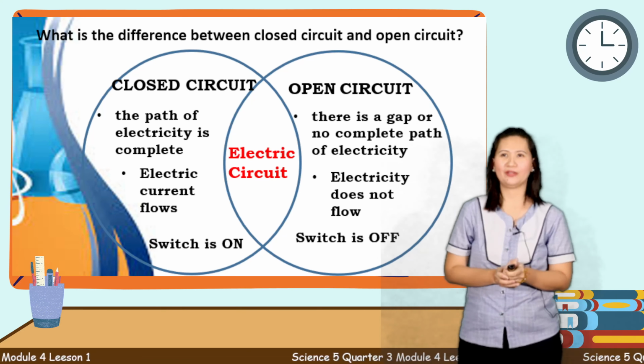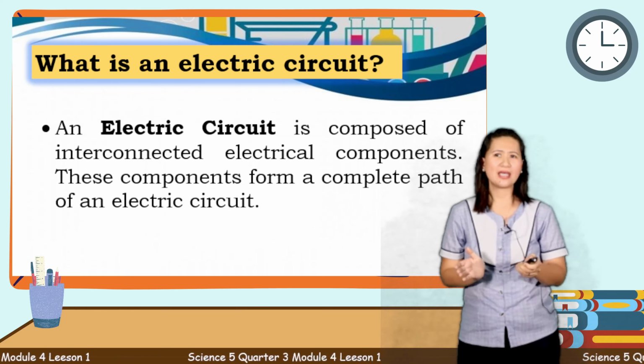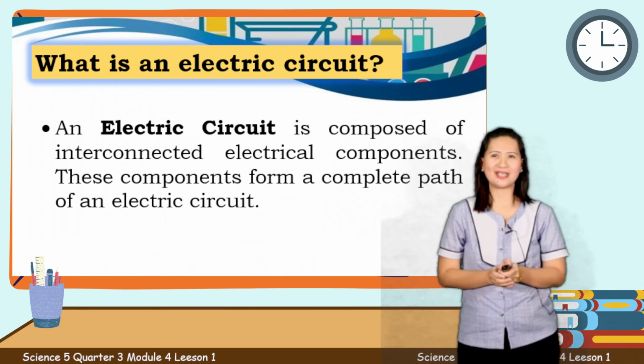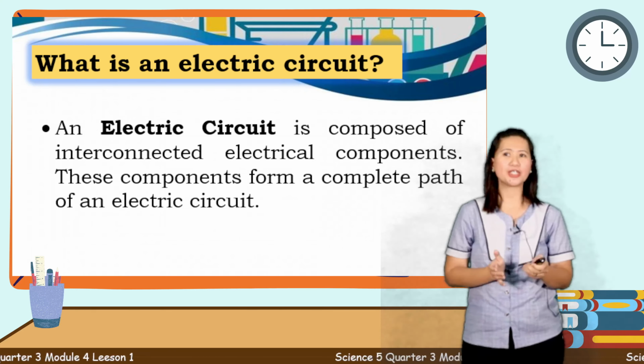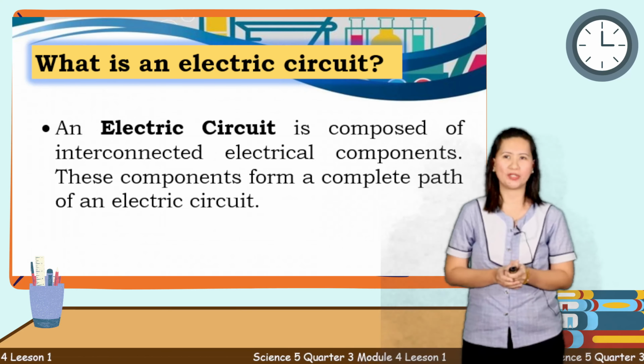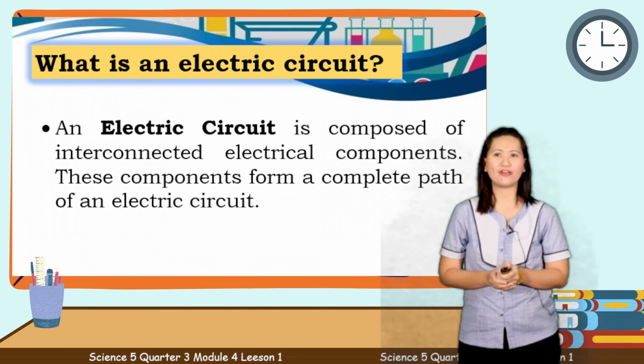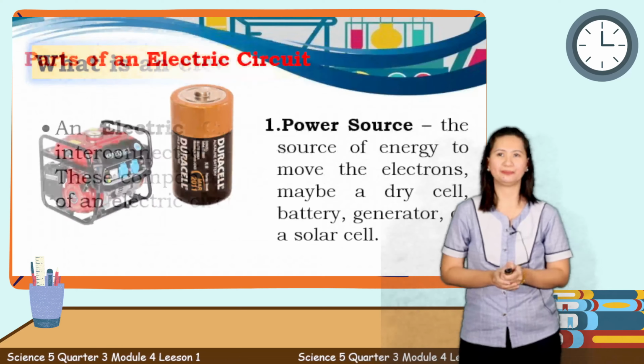So to elaborate more on our lesson about electric circuit, let's have this. What is an electric circuit? An electric circuit is composed of interconnected electrical components. These components form a complete path of an electric circuit.